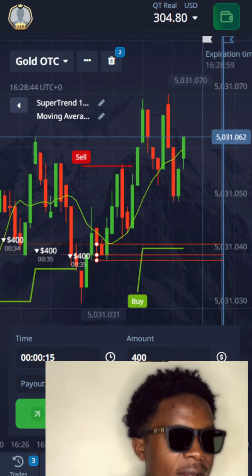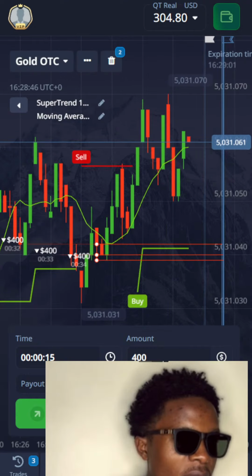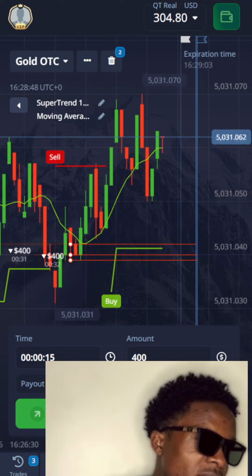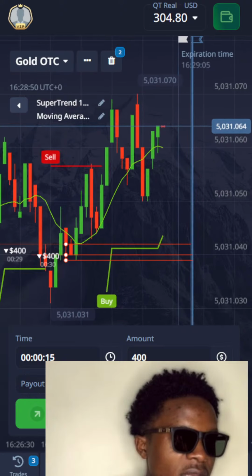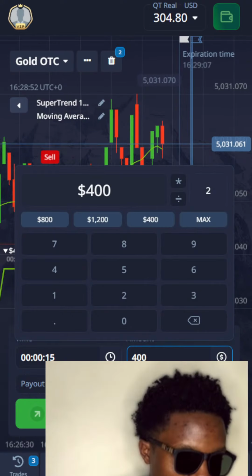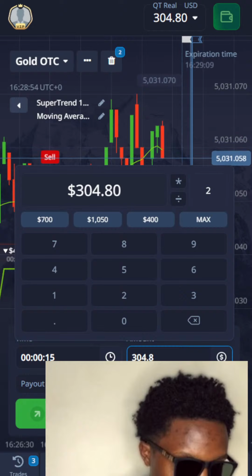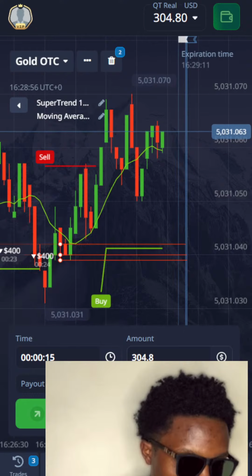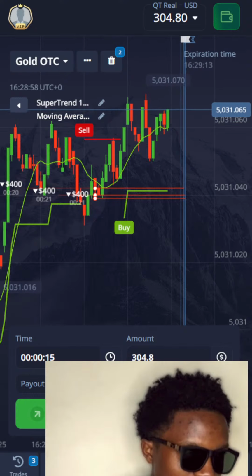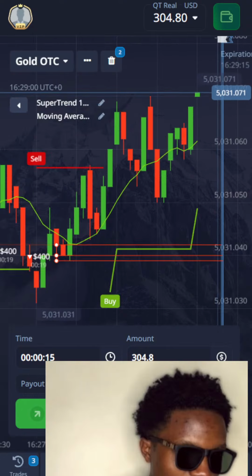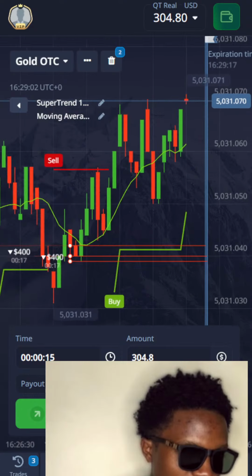We lose them. It's a terrible start. But we don't give up. As I told you, now we go and maximize this amount. This is what we are going to be using, and hopefully it will multiply.